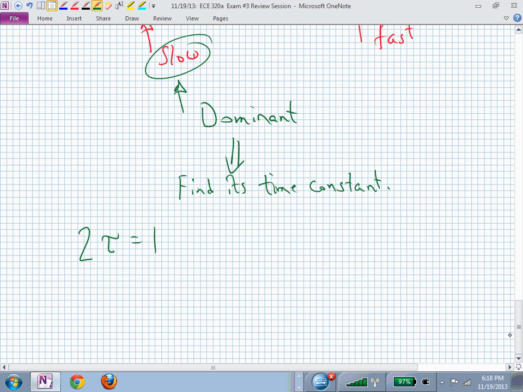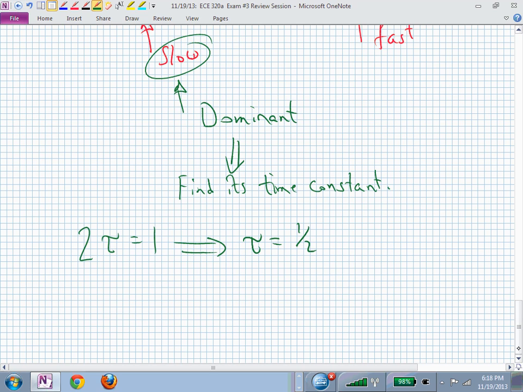In this case, my time constant, one time constant is 1/2. In 1/2 of a second, that e to the minus 2t is going to be at a value of e to the minus 1. That's one time constant worth of decay.